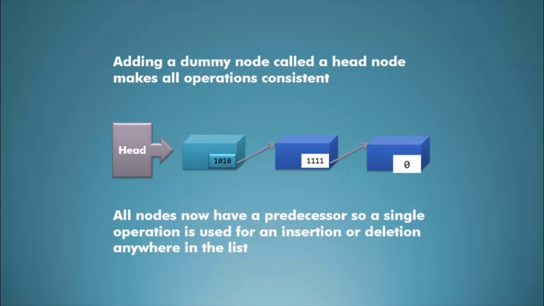And I can do that by adding a dummy node. And so what I would do is put a node in the same structure as the preceding or the succeeding nodes, the rest of the list. But this node exists only to carry the head pointer, or the pointer to the very first node of the list.